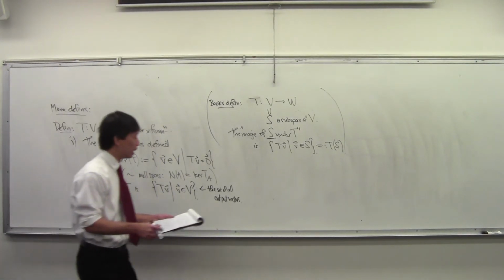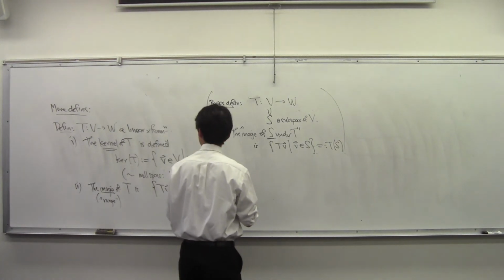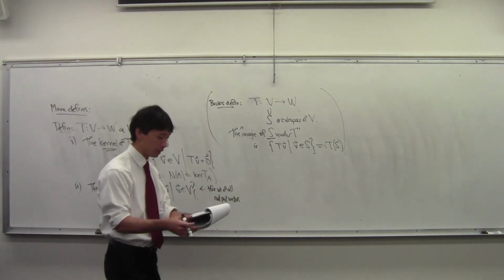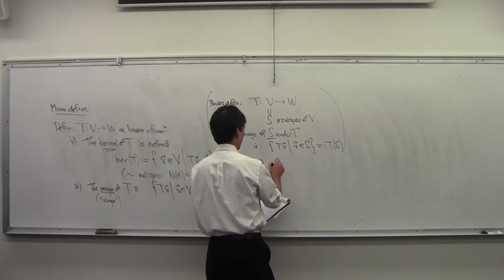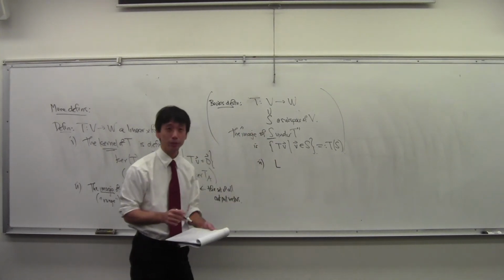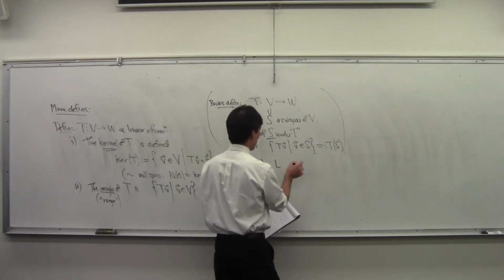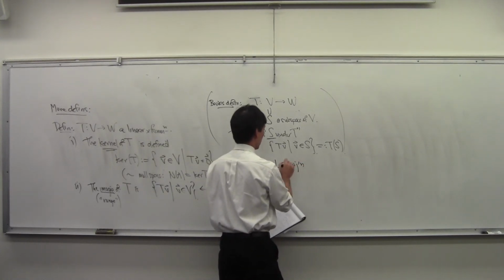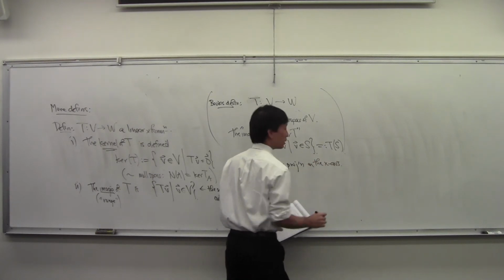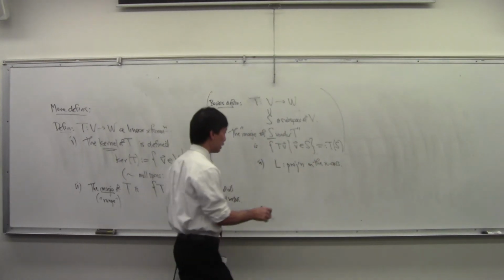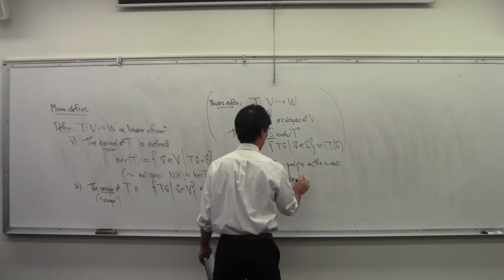Okay, so let's think a little bit about what these things are, kernel and image. If we go back to example number 2, remember L was the projection on the x-axis. Then what's the kernel of L?